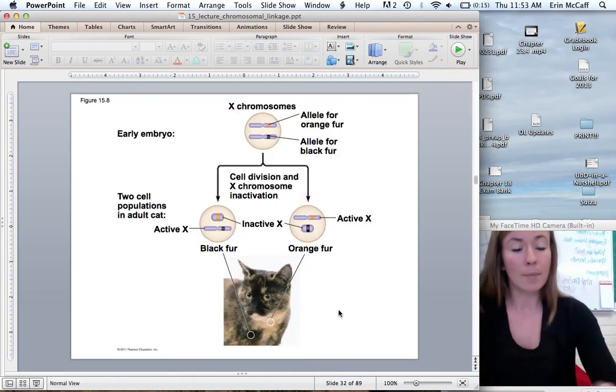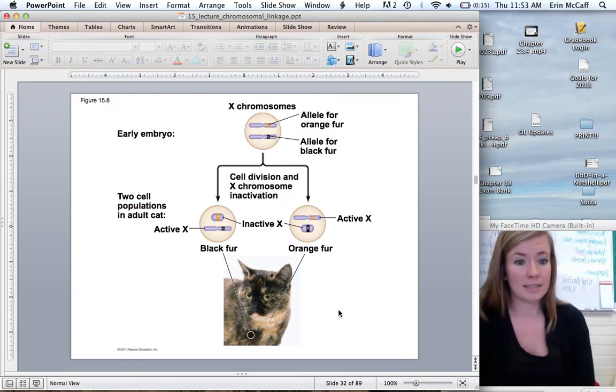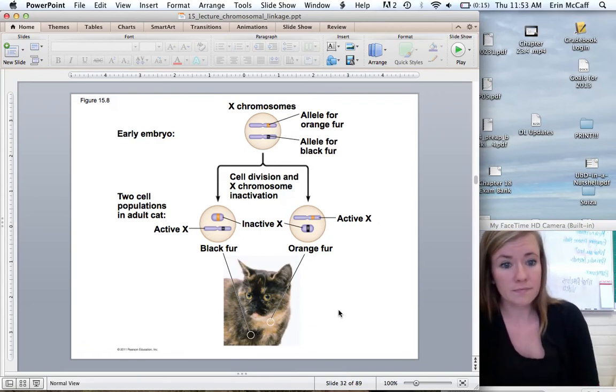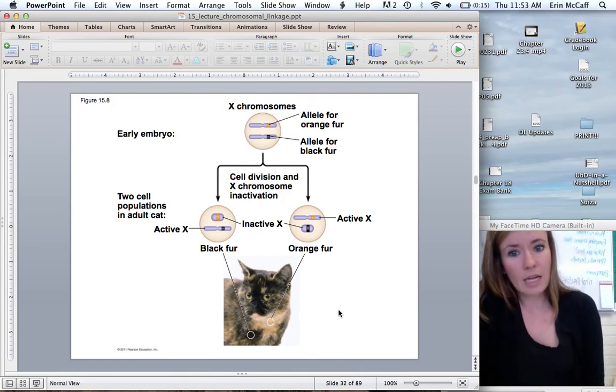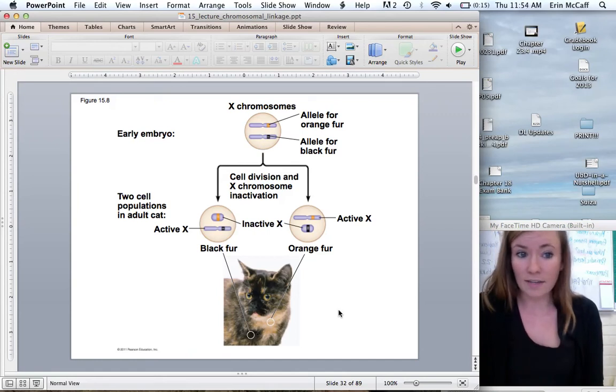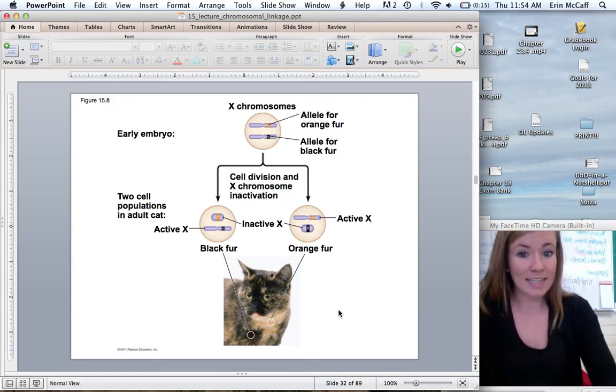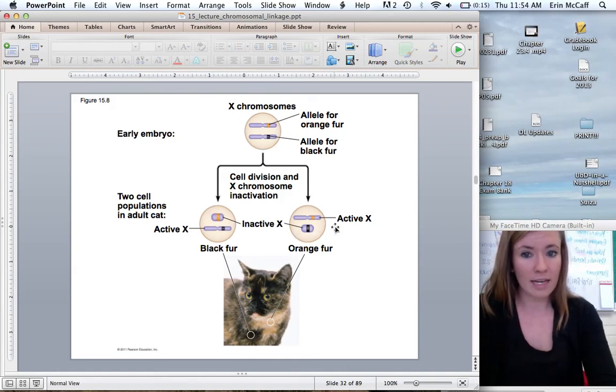The best example of this are calico cats. So the trait for fur color is on the X chromosome in cats. And so if you're heterozygous, you're going to have an allele for orange fur and an allele for black fur. And so in the different cells in your skin, some of them are going to have a deactivated X, and some of them are going to have a different deactivated X. So some of them are going to have a deactivated orange X, some of them are going to have a deactivated black X, so it's going to show up differently in their fur.